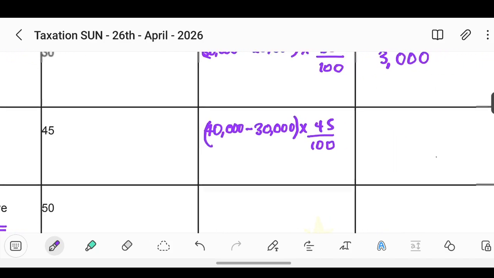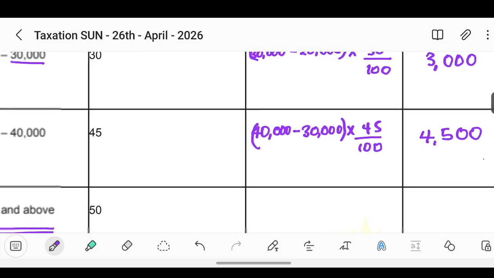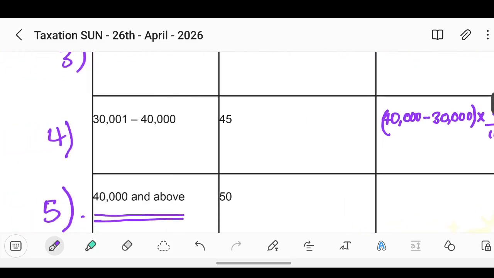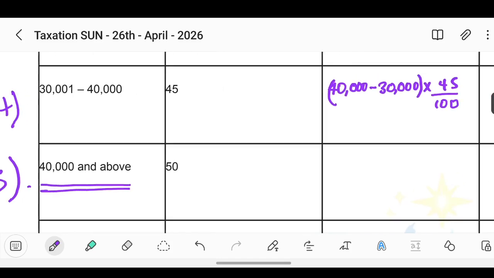Then the fifth row has 40,000 and above. But remember, our taxable income is 56,200.